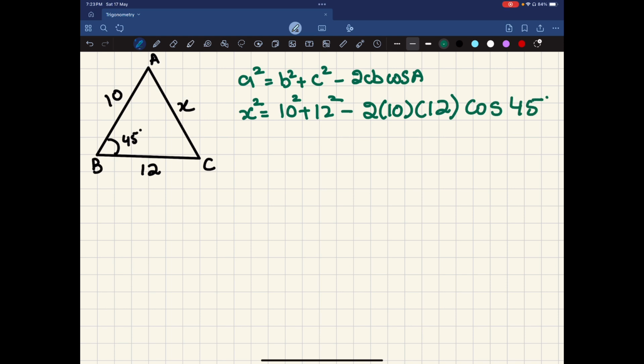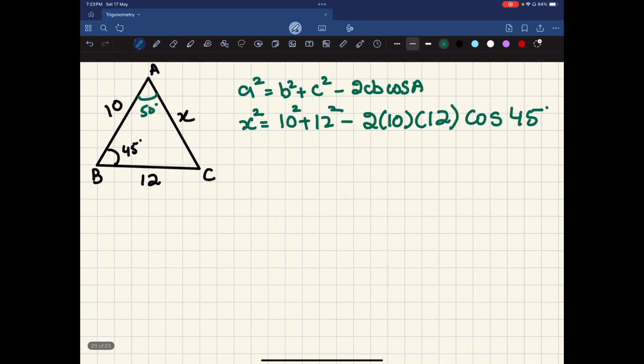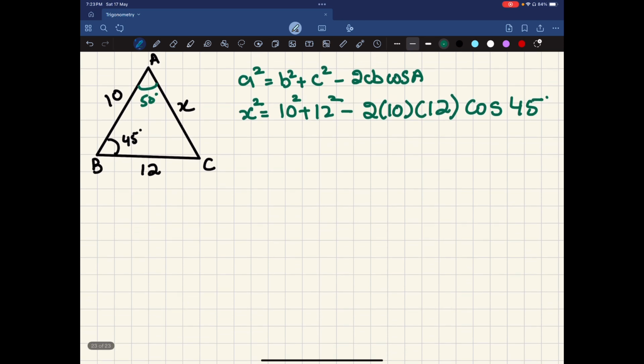Okay, so you have to be careful. The angle that you're going to use in the formula should be the included angle. Had 50 degrees been given in the question as well, you had to be absolutely sure that you're not going to use 50 degrees in the formula.